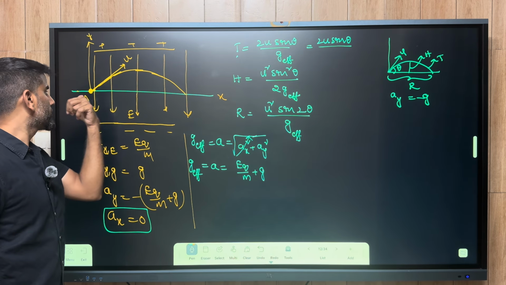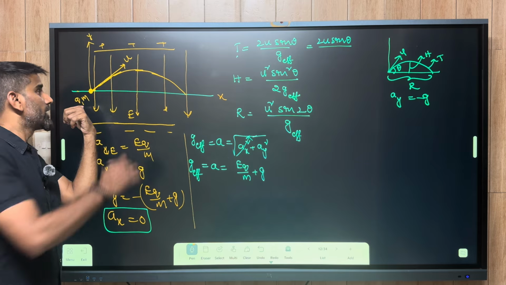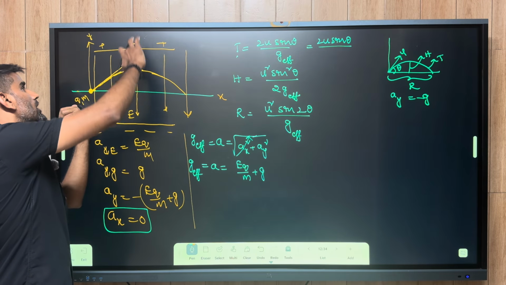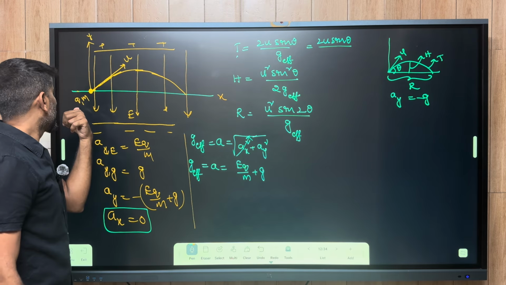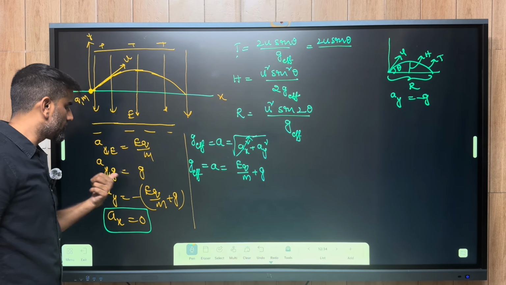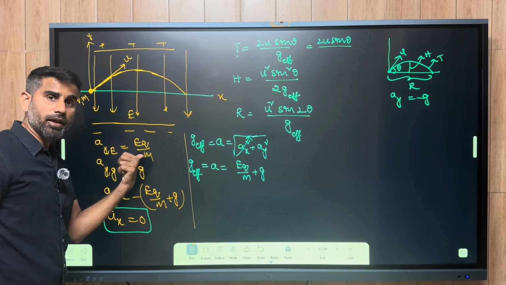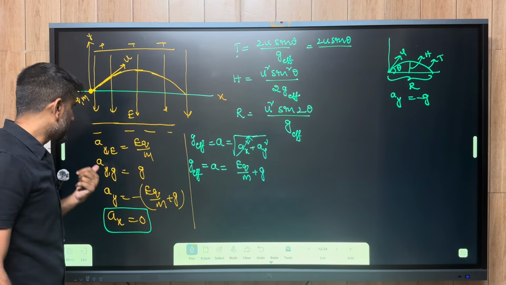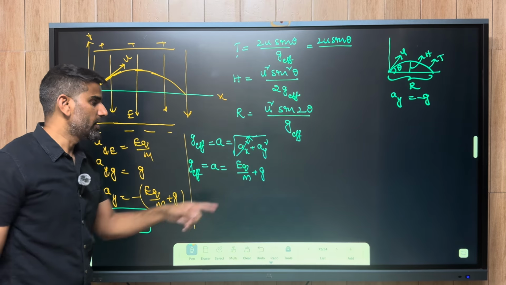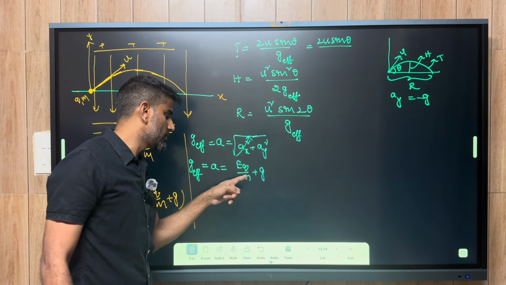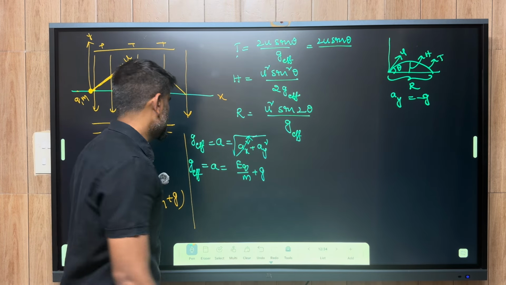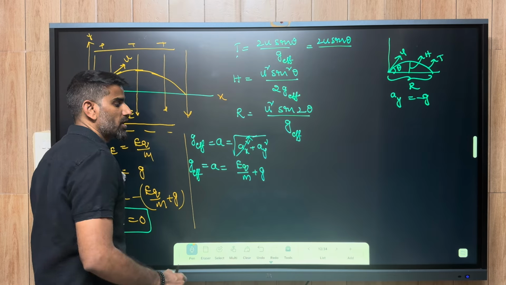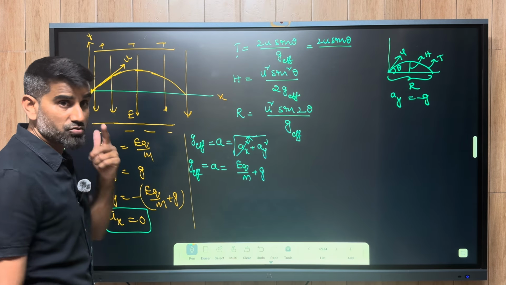But if the charge is negative, then the charged particle will move in the upward direction, right? So ay due to the electric field will be Eq by m, which is positive, and g will be downwards, which is negative. This equation will change as minus Eq by m minus g. So g effective is equal to Eq by m plus g, as I have taken a positive charge.